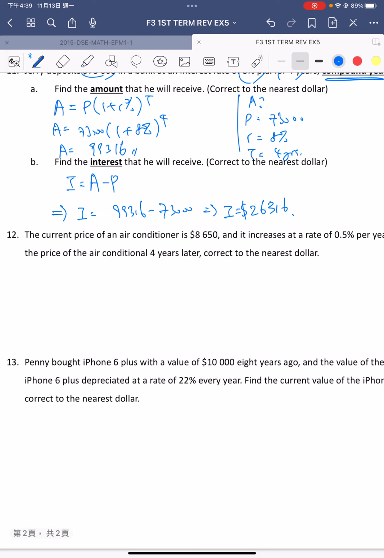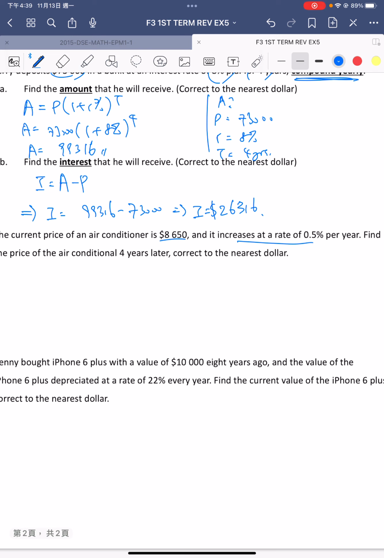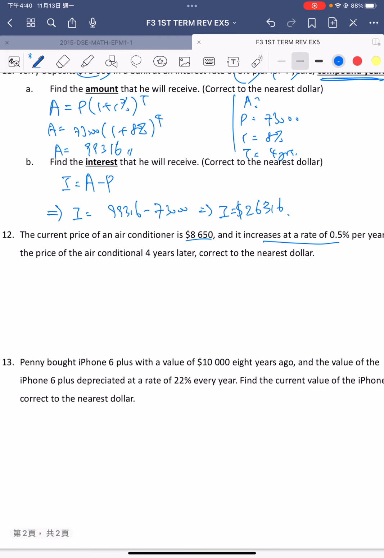So now for question 12, the current price of an air conditioner is 8,000 something, and it has an increasing rate. So there's an increasing factor. It's 0.5 percent per year. So it's very small, but still it's increasing. So we want to find out the price after 4 years. So we have our timeline.